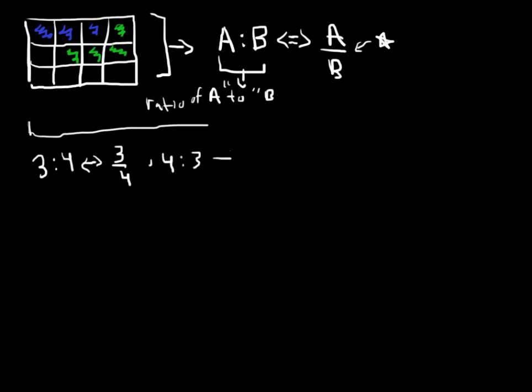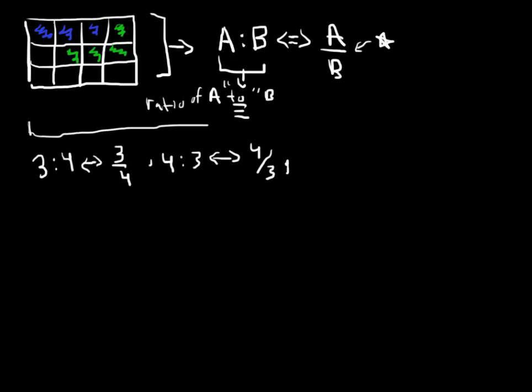We would do the same thing: 4 green, 3 blue. Whatever you mention first, that's the first number you put. This serves as a representation of what you're comparing, and the second number is what it's compared to.